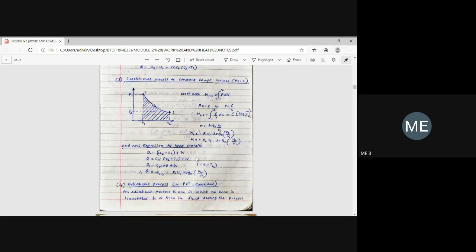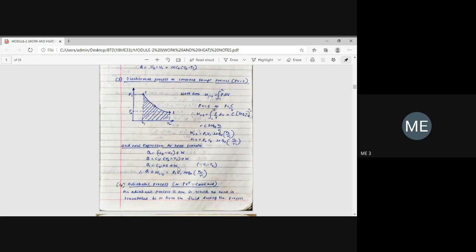So directly you substitute the value of U2 minus U1 as CV into T2 minus T1 plus W. Okay. So here, what is T1 and T2? Both are same. So CV into 0 plus W. So whatever the amount of heat transfer is, it is exactly equal to the amount of work done in case of isothermal process.